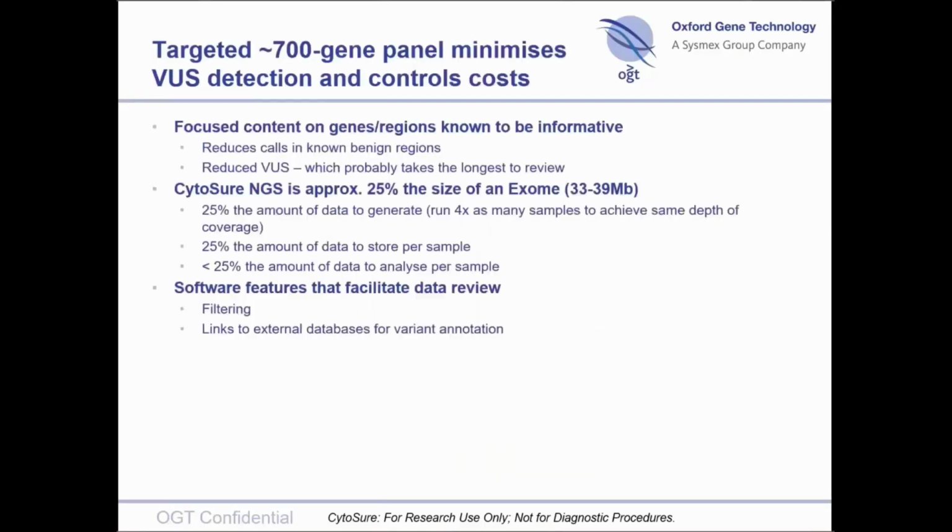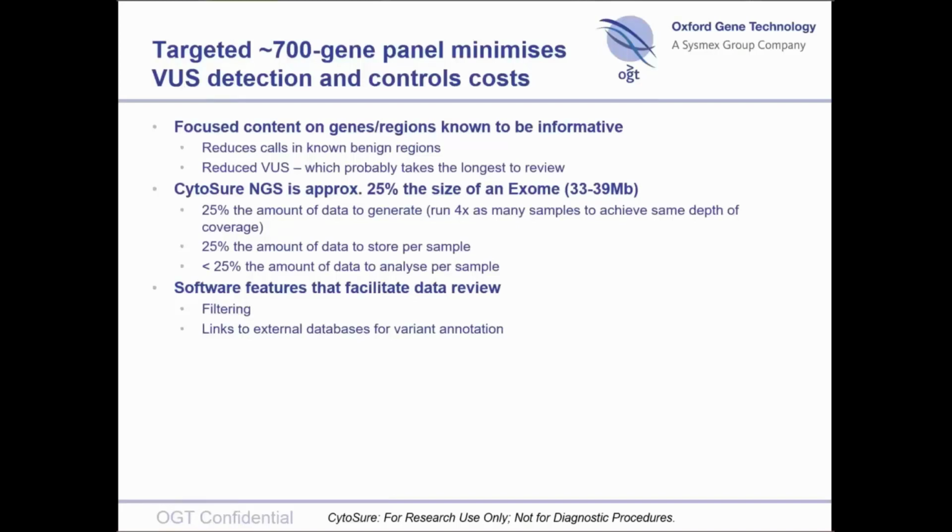Now, I mentioned before about VUS and the issues behind this. One of the key benefits of a targeted constitutional NGS panel is that you minimize this unnecessary analysis time. So we focused very much on the content on genes and regions we know to be informative, which reduces those calls in the benign regions, and then it reduces that time taken to analyze these VUS, which, because you don't know what they are, you don't know the implications behind them, it can take a long time to review them.